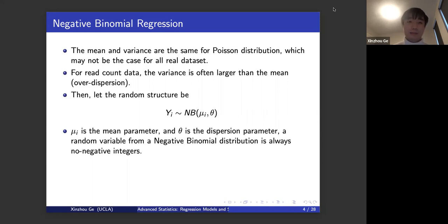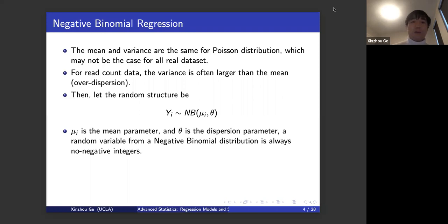So here, over dispersion means that the data is more dispersed than expectation, and it has larger variance compared to the mean. In this case, we cannot use Poisson distribution as our model anymore. And there is an alternative called negative binomial distribution.